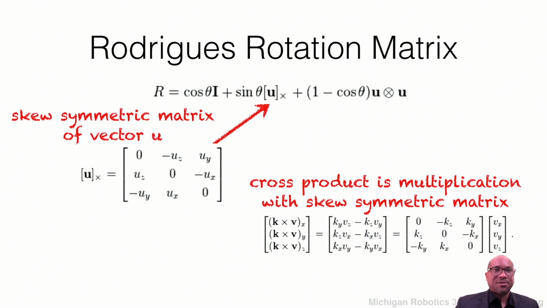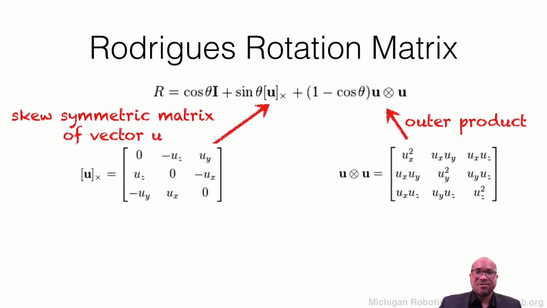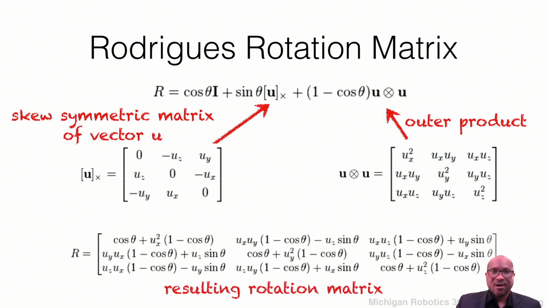That skew symmetric matrix is this operator right here, and this is just a refresher of what a skew symmetric matrix does. And then this operator right here is an outer product, so that's just taking our axis and taking the outer product of that. This is just so you know. And then in the end we get a resulting rotation matrix that's of this form right here.